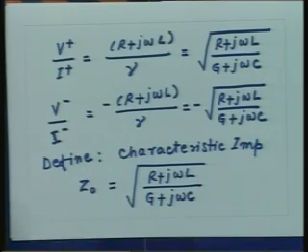Later on you will see that this quantity Z naught, the characteristic impedance of the line, governs the energy flow on the transmission line.